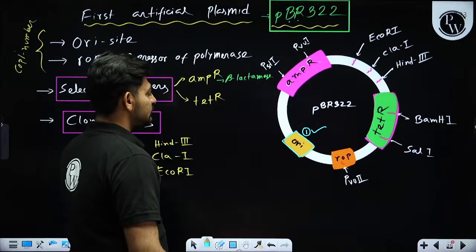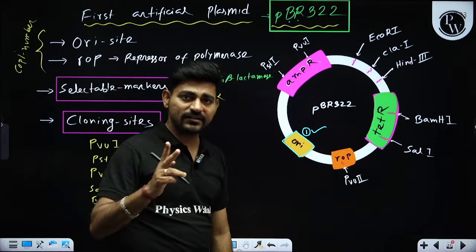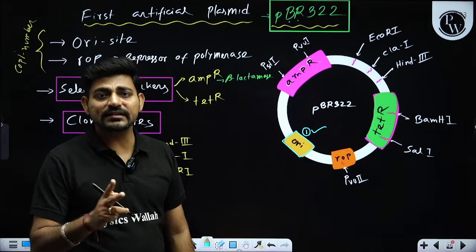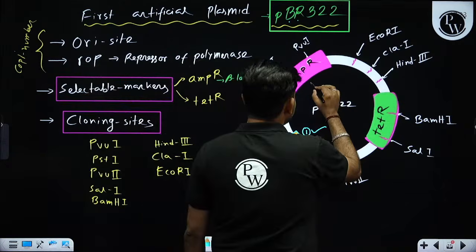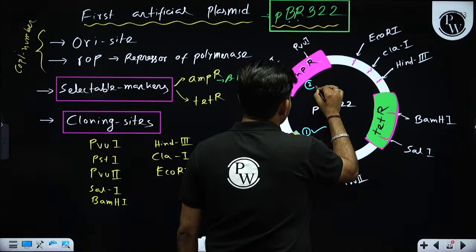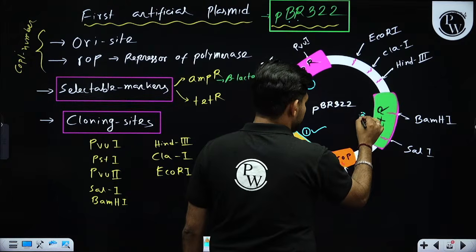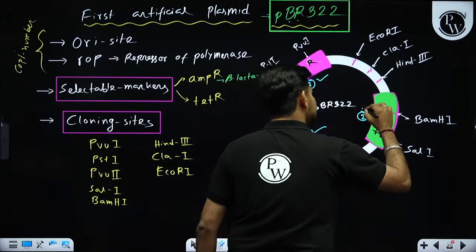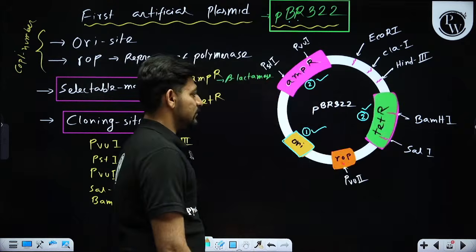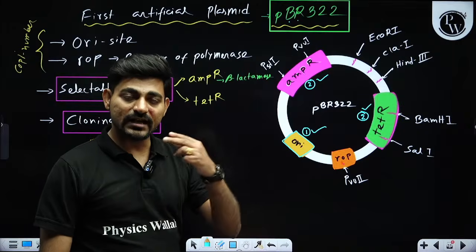Next, you have to search for the second criteria, presence of selectable marker gene. Now, here we got two selectable marker genes. One is ampicillin resistant gene, another is tetracycline resistant gene. So, the second criteria is also fulfilled.